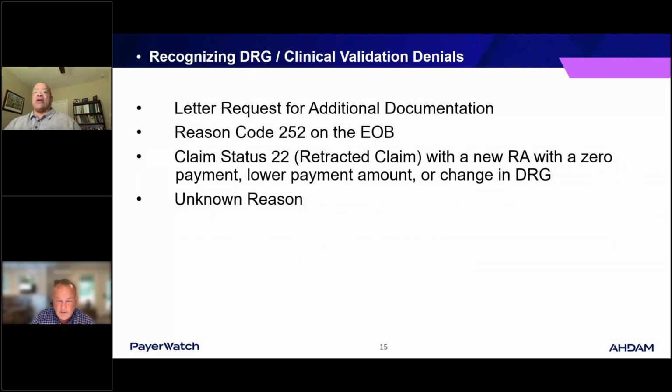And of course, if there's an unknown reason, we've got a couple of payers that fall in that group, and some of you are aware of those. Then we need to start working with them to understand: you took the money back, why? Because there's no change in DRG we can see, and you didn't provide a lower payment.